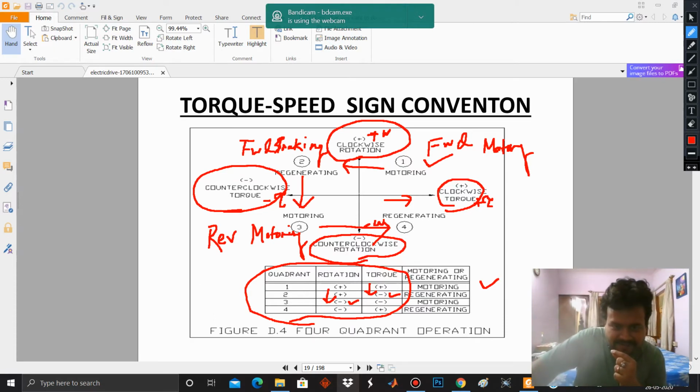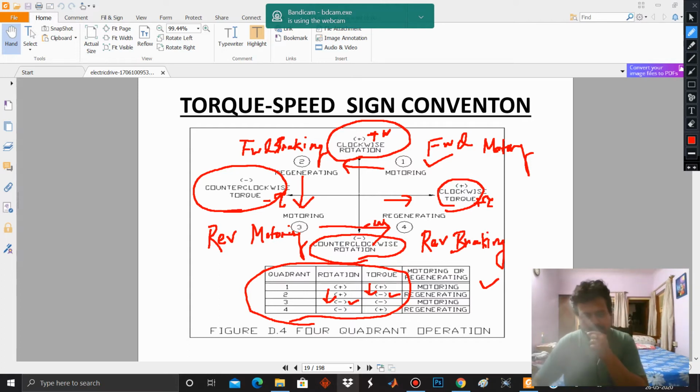This braking is called reverse braking. So one thing you have to take care of is that there is a reversal of force.